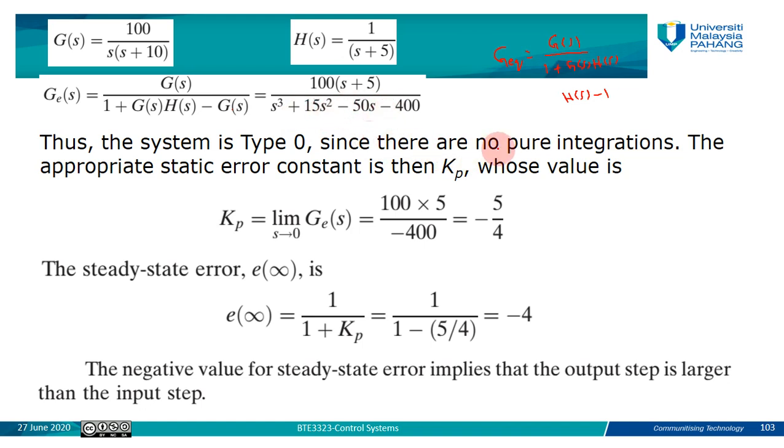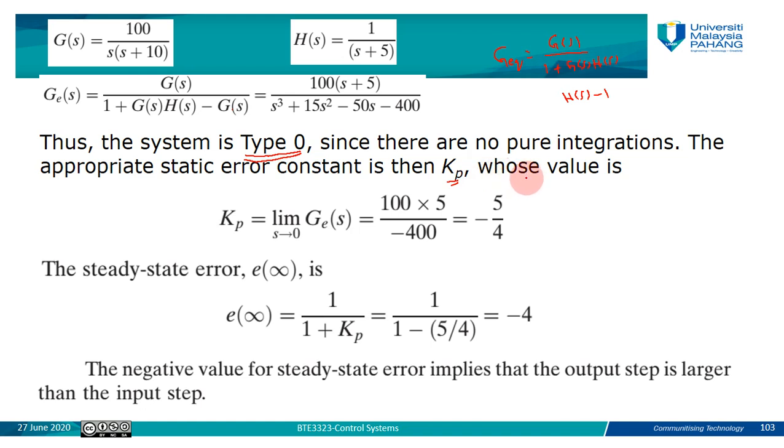Since there are no pure integrations, the appropriate error constant here will be kp, since the system is type 0.